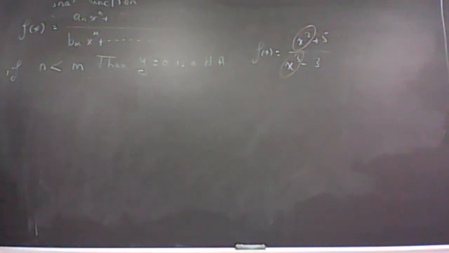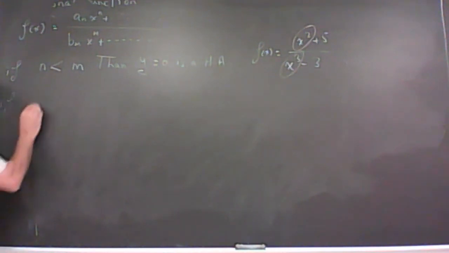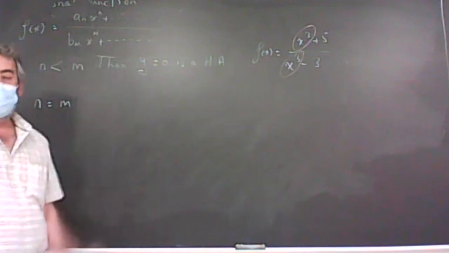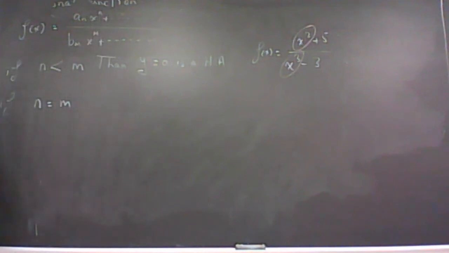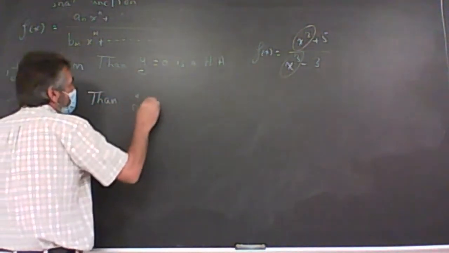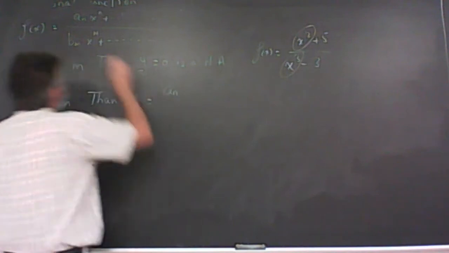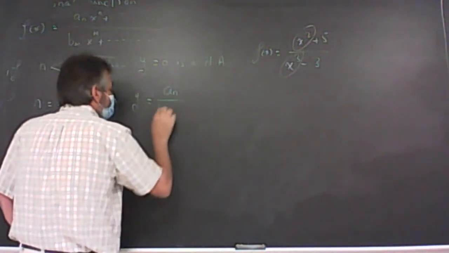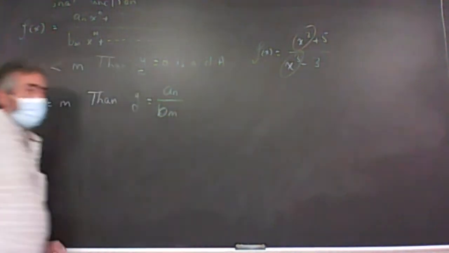Now, scenario number two, if n equals m. If n and m are the same, then your asymptote is the coefficient of the top one divided by the coefficient of the bottom one.